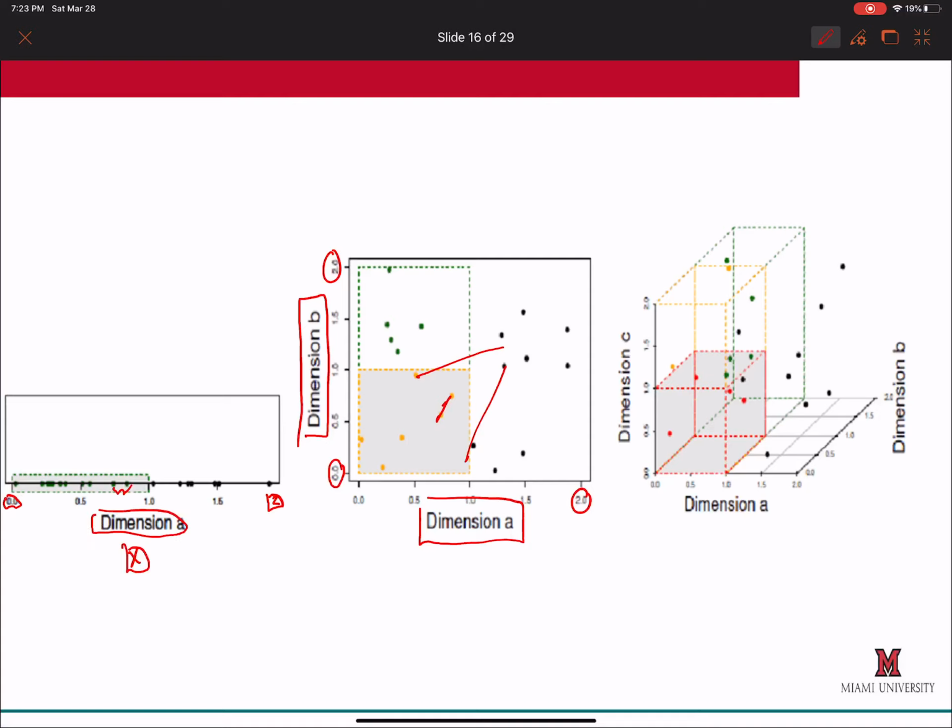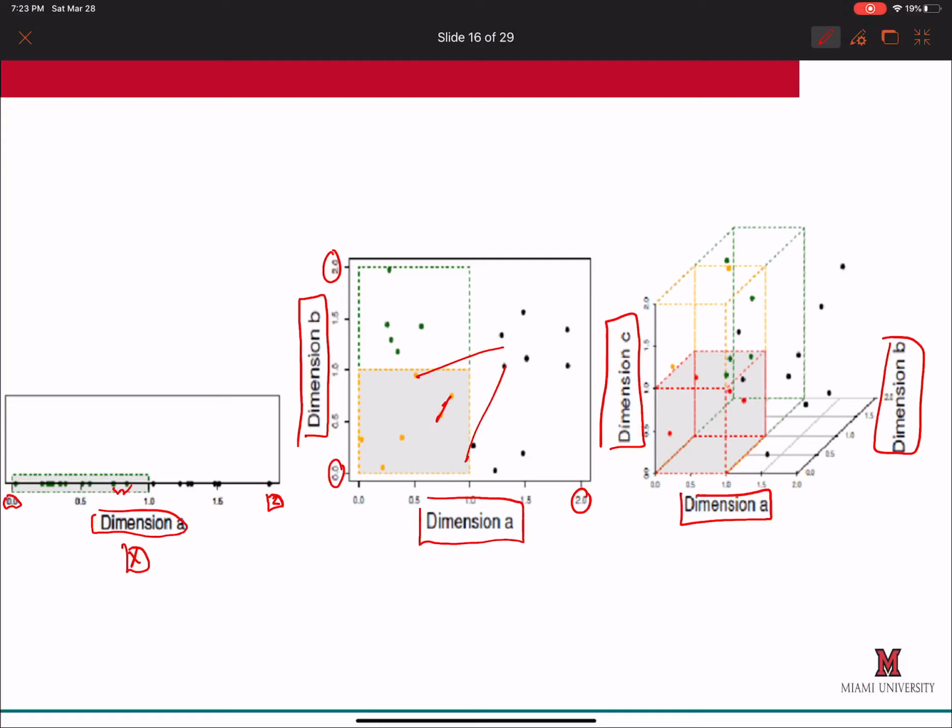than if they were one dimension lower. Now, when we go through 3 dimensions, dimension A, dimension B, and dimension C, the points actually become further and further away.